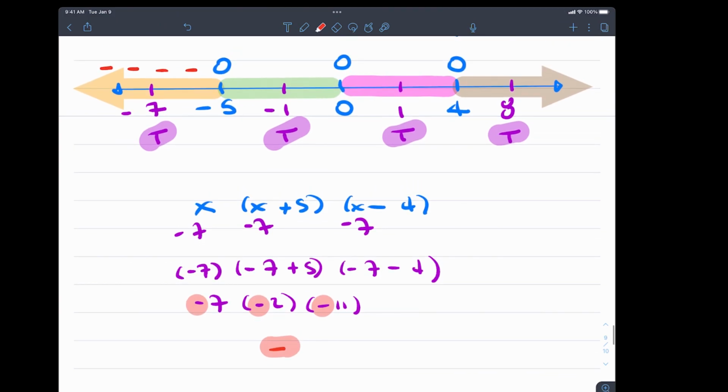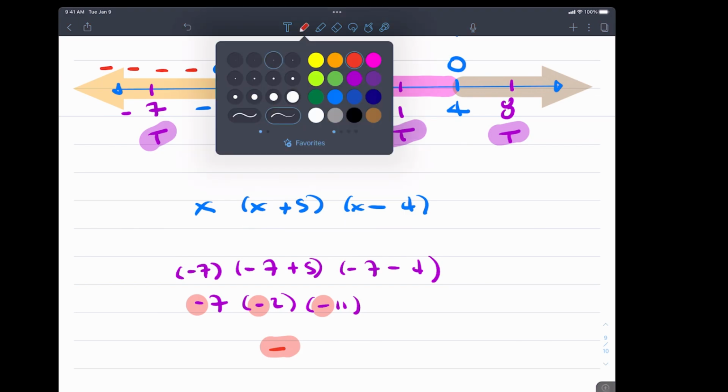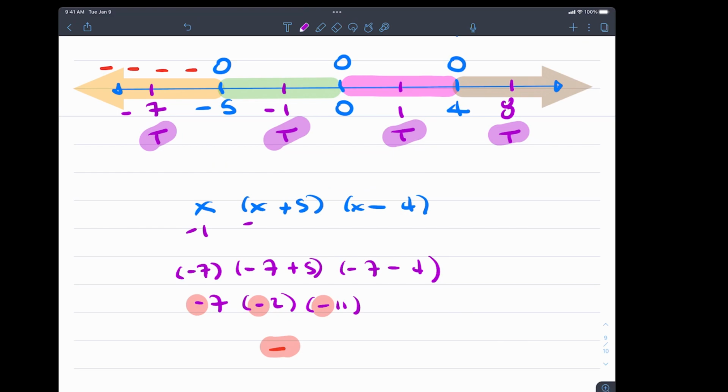So if we test region 2 now, what do you plug in? -1. We get -1 times, what's -1 plus 5? Isn't that 4?